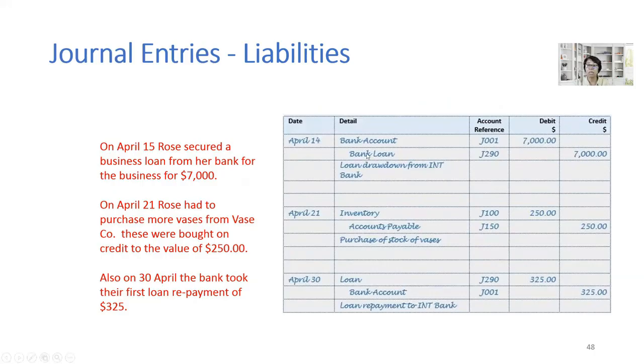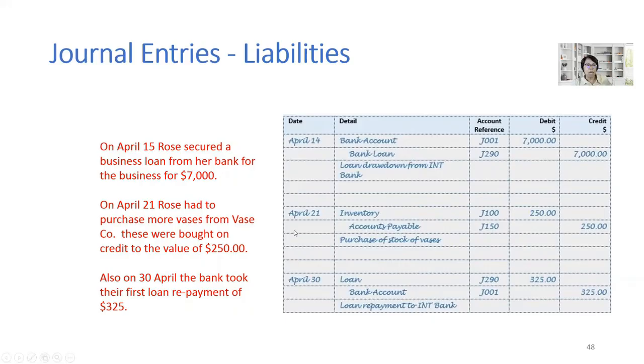However, the liability is the bank loan, and we have to pay back $7,000. So let's say we had to pay like $100 a month. Every month, the liability would go down. But right now, we owe them $7,000. And I did say if you see payable, you know that means liability. But sometimes it does not say payable and it is a liability. So you just have to know, what is it? Well, we owe it, so it's a liability.